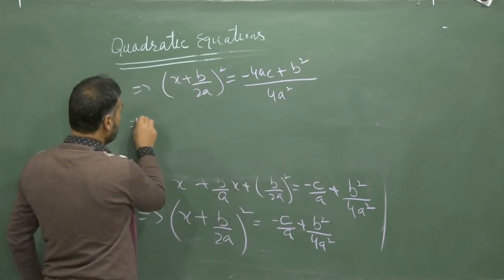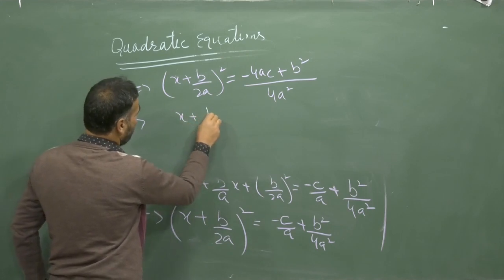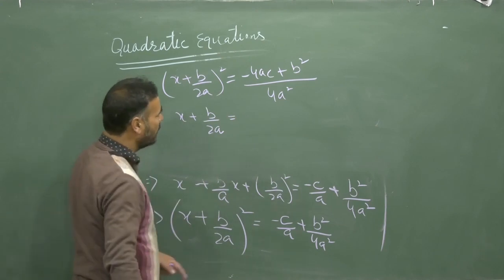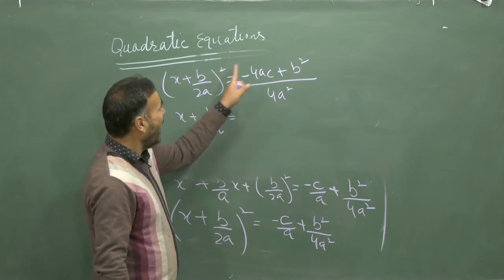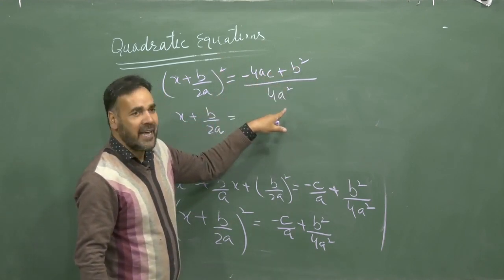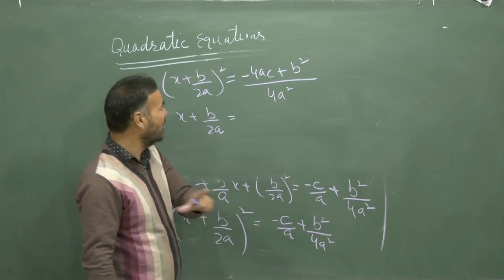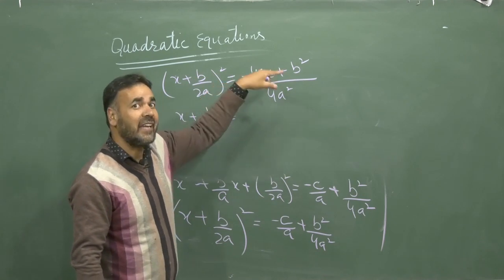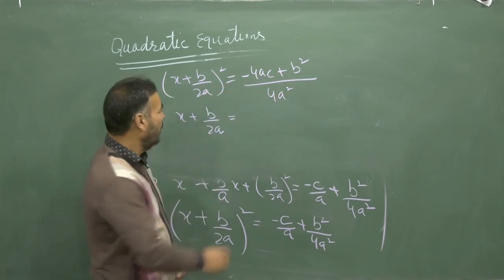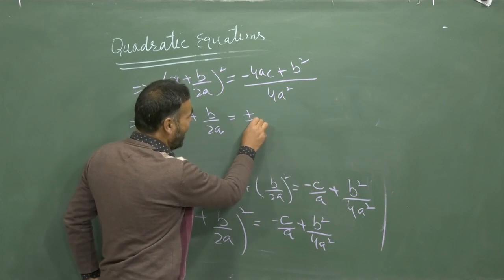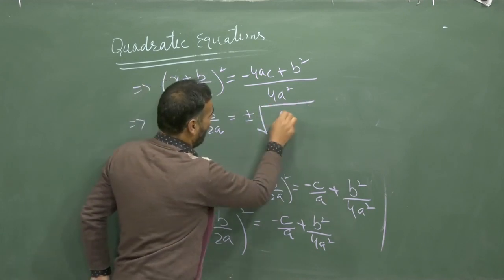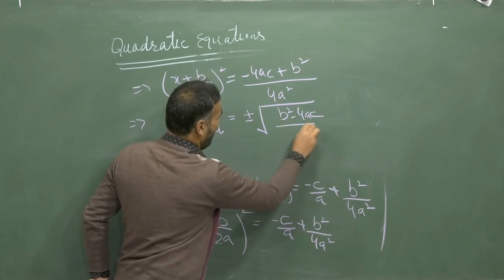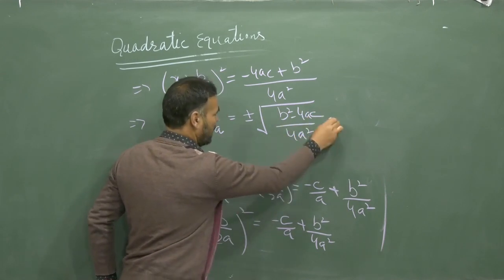Or we can say x + b/2a will be equal to the square root of b² − 4ac. This means that we have to cancel the square here. We have to take the square root, but it should be plus and minus, ±√(b² − 4ac)/4a².